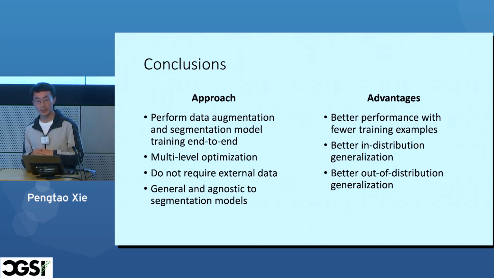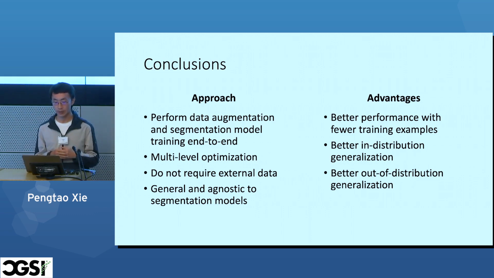And in the experiments, we show that our method can achieve very good performance with fewer training examples, and it can generalize for both in distribution data and out of distribution data.